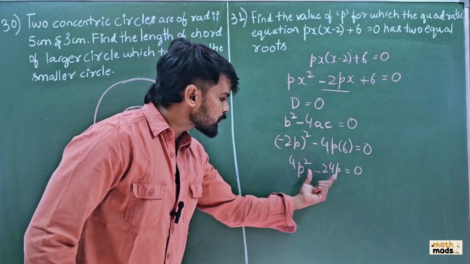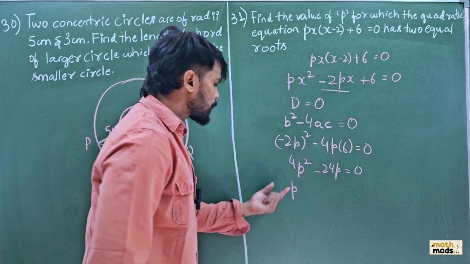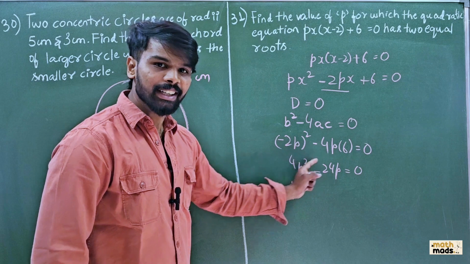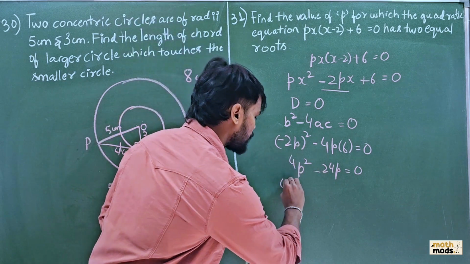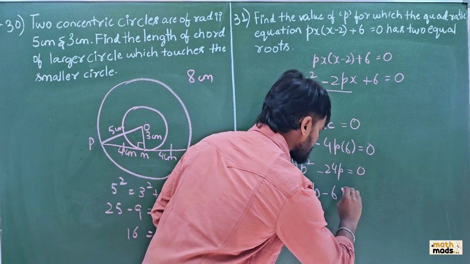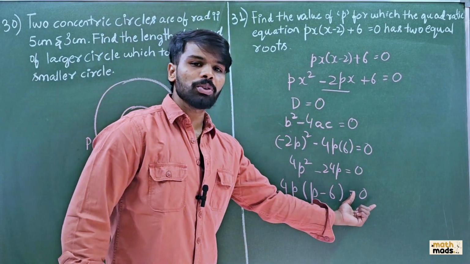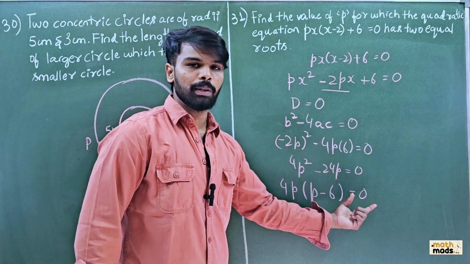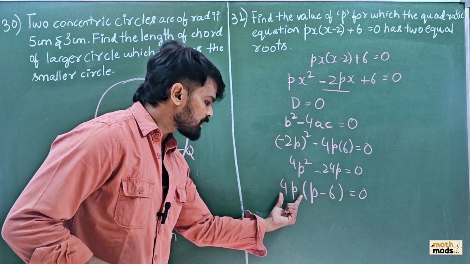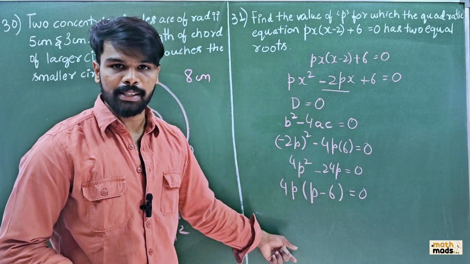Now, in both the terms, p is common. So I'll take p common. Also, if you look at 4 and 24, I can take 4 common. So I'll take 4p common into (p minus 6) is equal to 0. Now, 4p is equal to 0 or p minus 6 is equal to 0. But observe here, if I take 4p is equal to 0, the value of p will be 0.